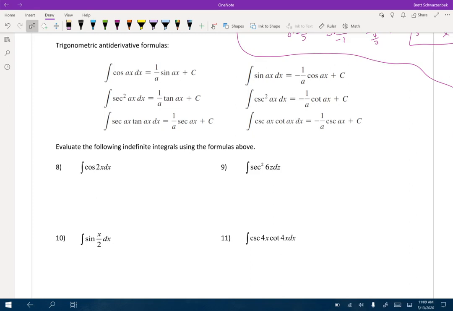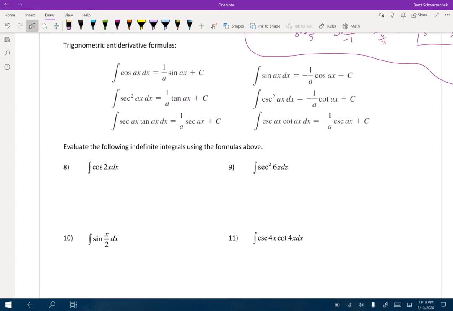Just to be clear, that's why I'm starting with sine, cosine. If I had the derivative of sine 2x, that would be equal to the cosine 2x times the derivative of the inner function 2x, which would end up being 2 cosine 2x, right?